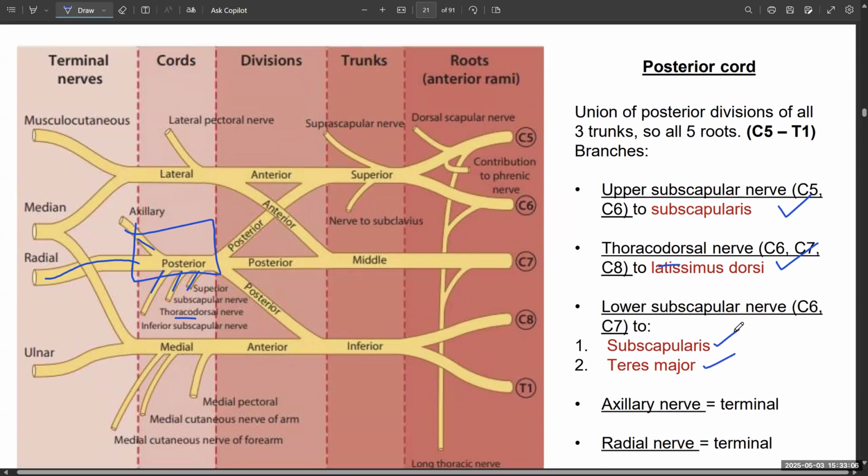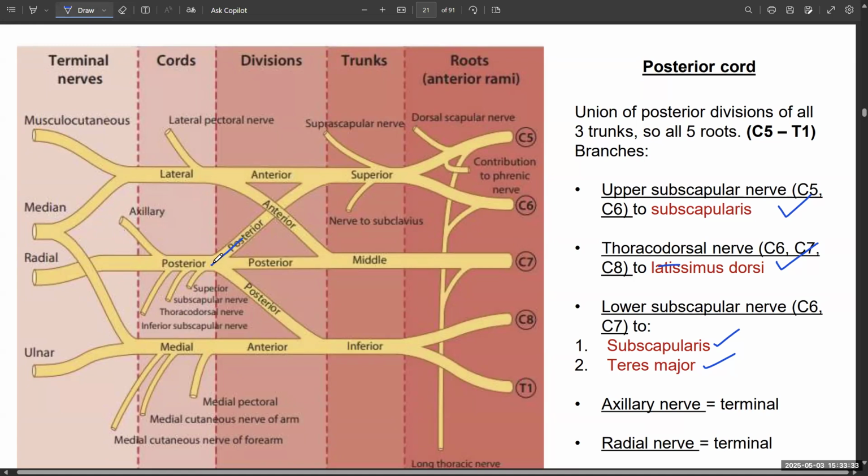Now let's look at the numbers. We can see here that the posterior cord is a union of the posterior divisions of all 3 trunks, so basically all 5 roots, C5 to T1. Let's erase this first. This is the posterior cord.